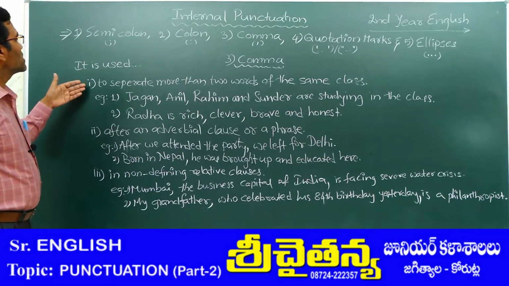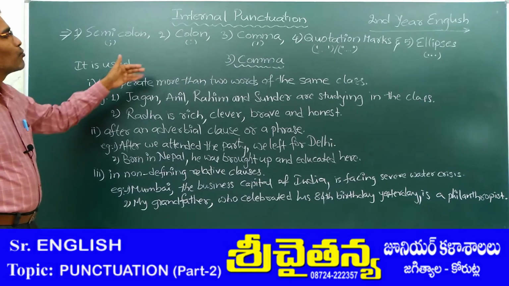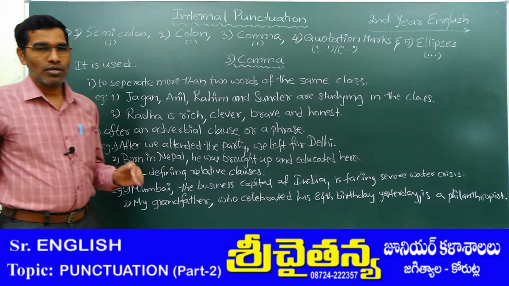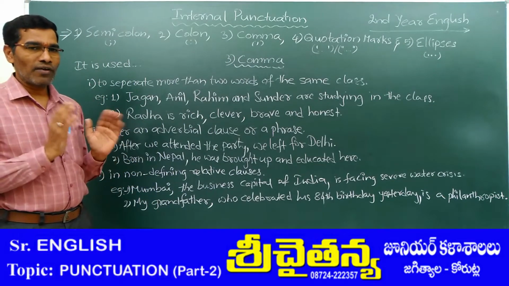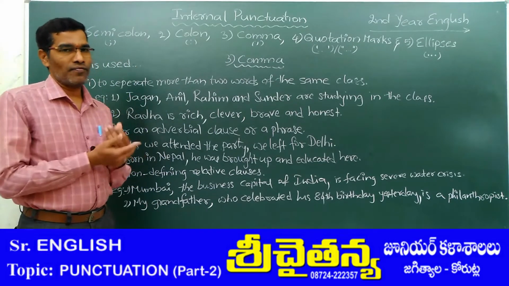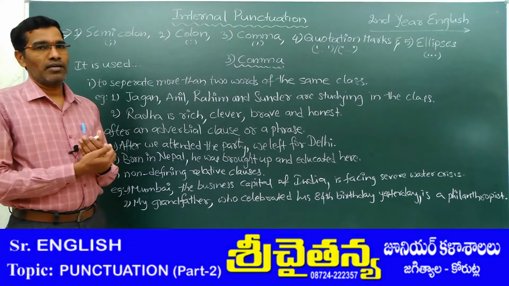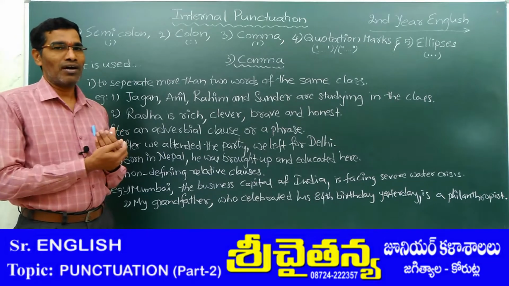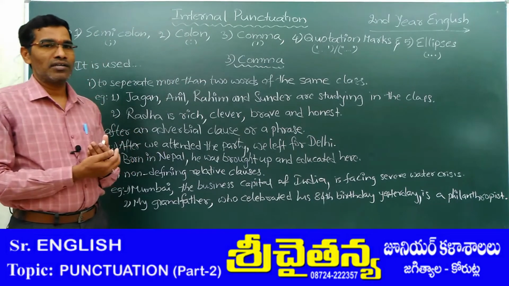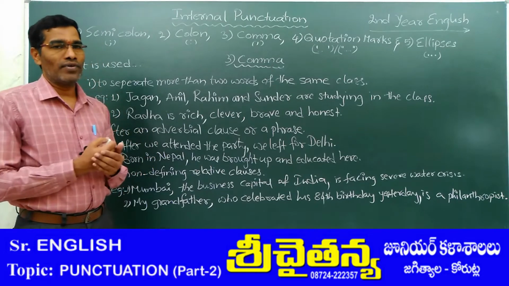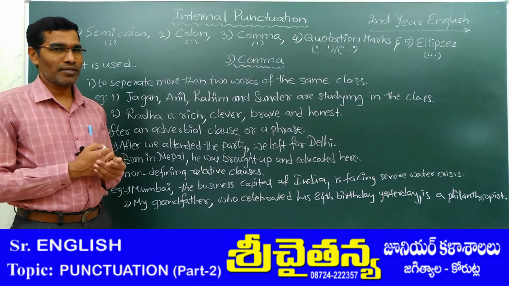The first use is to separate more than two words of the same class. So, if we want to refer to the same kind of words, each and every word takes a comma at the end of the word. Before the last, we use a word and conjunction, right?